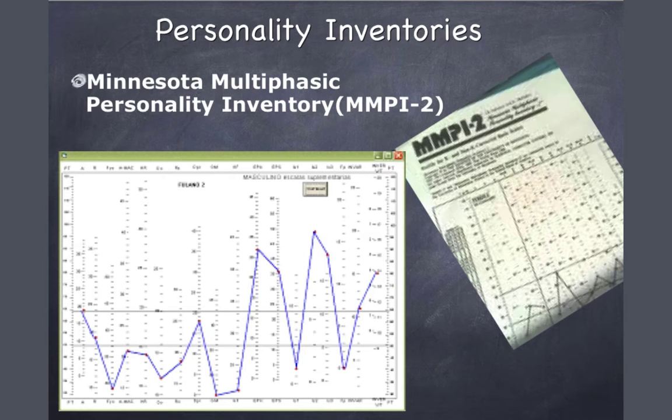Validity scales are integrated to detect those who are lying. So they try to create checks and balances in their assessments to weed out people who are lying, faking a psychiatric illness, faking no psychiatric illness, or not revealing normal personality differences very well.